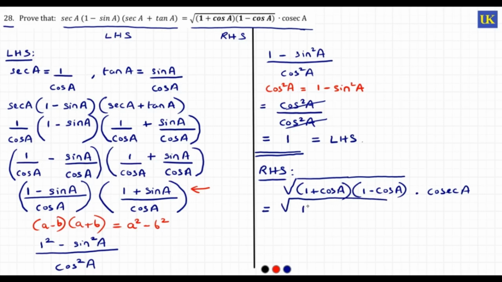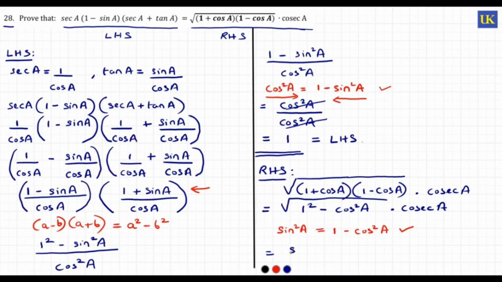So under root 1 square minus cos square A, outside we have cosec A. Now the same formula can also be rewritten as sin square A is equal to 1 minus cos square A. If I send sin to this side it becomes positive, and if I send cos to this side it becomes negative. Now 1 square or 1 is one and the same, so I will treat it as 1 minus cos square A, and instead of this I will write sin square A.